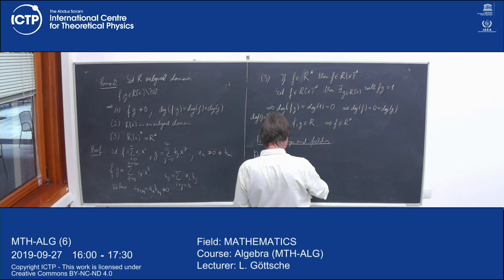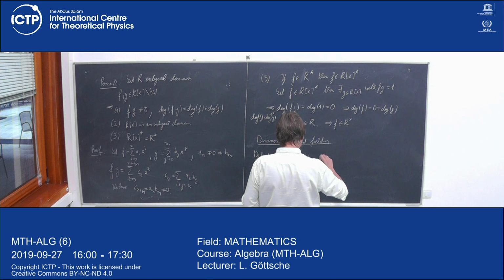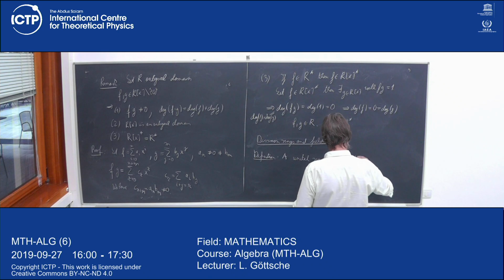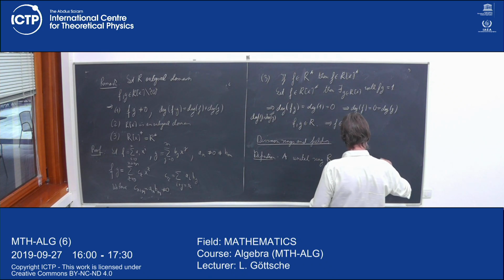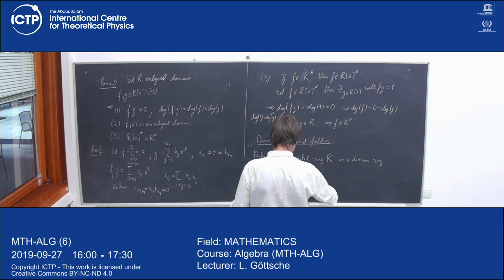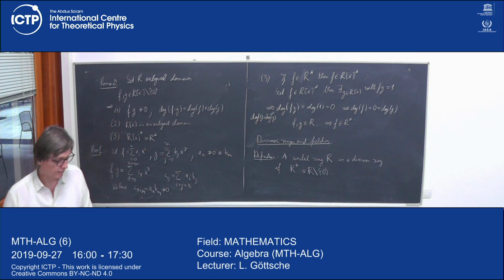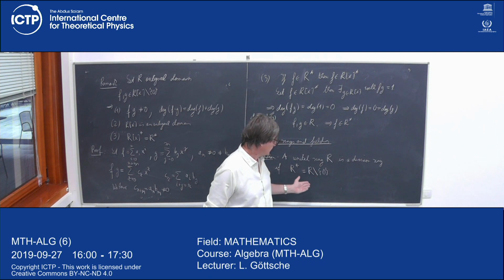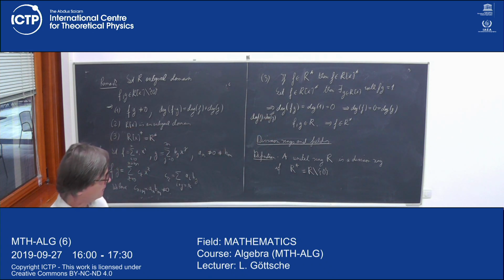If I have a unitary ring R, it is called a division ring if the units in the ring are the same as R without 0. So every element which is not 0 is a unit. It's clear from the definition, since whenever we multiply anything by 0 we get 0, 0 can never be a unit, so this is as large as it can possibly be. So every non-zero element is invertible.